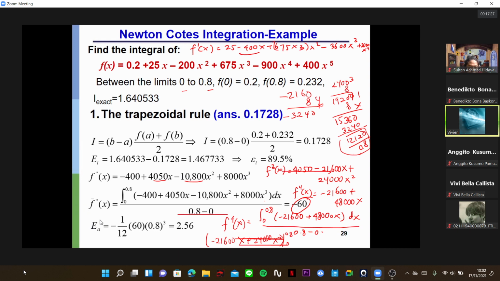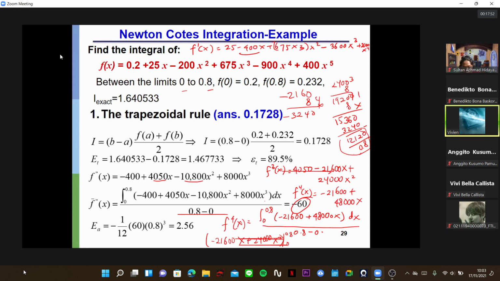When we want to calculate the order of the error, we can approximate with this value, and the difference between the second derivative here and the one with the bar here. Bar here means average, the mean value.